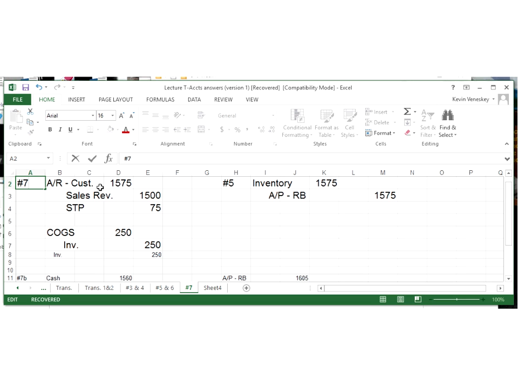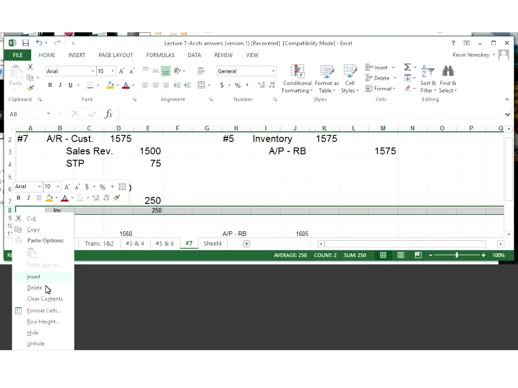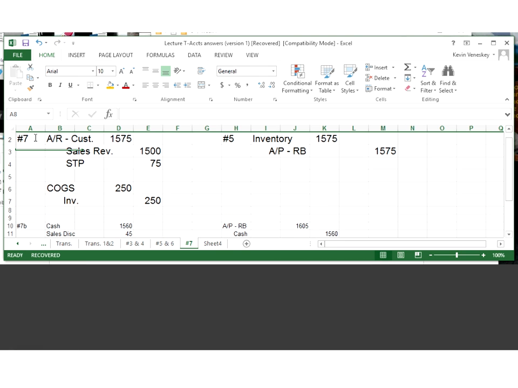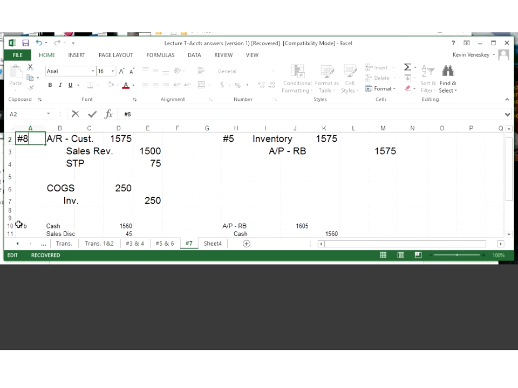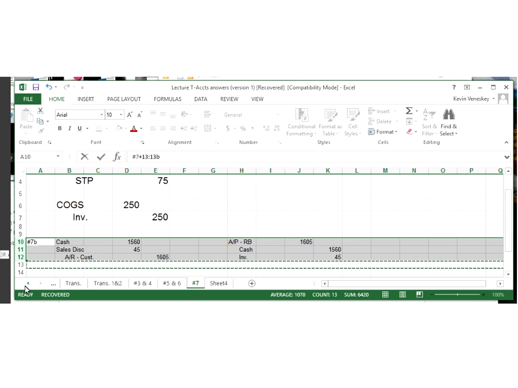So with number 5, remember there was no shipping. The customer simply owed me the $1,575 with the sale and the tax. So this was number 8.